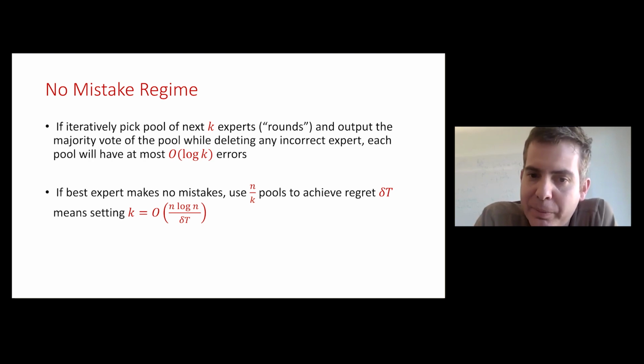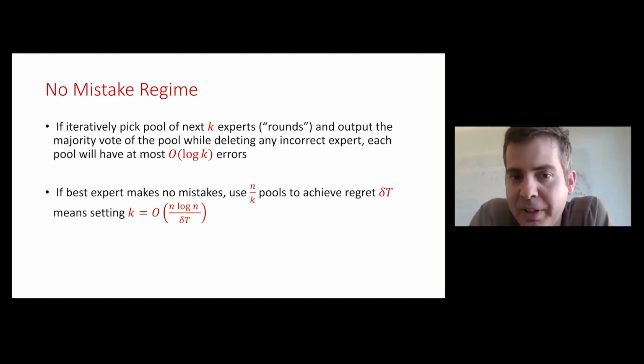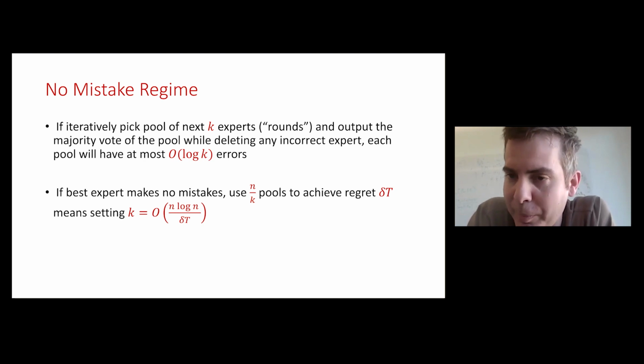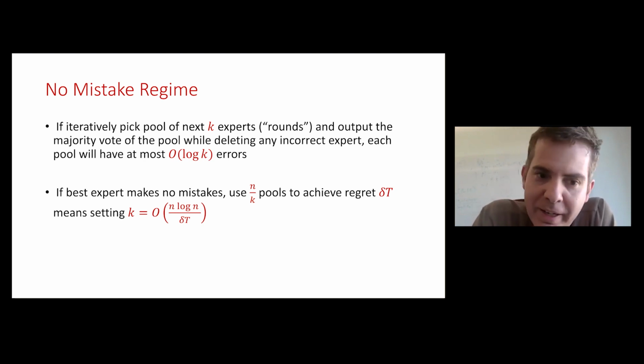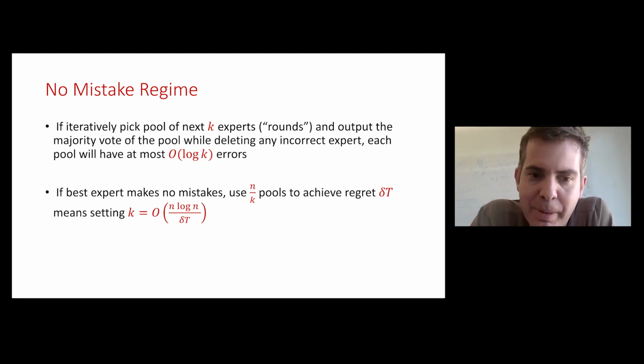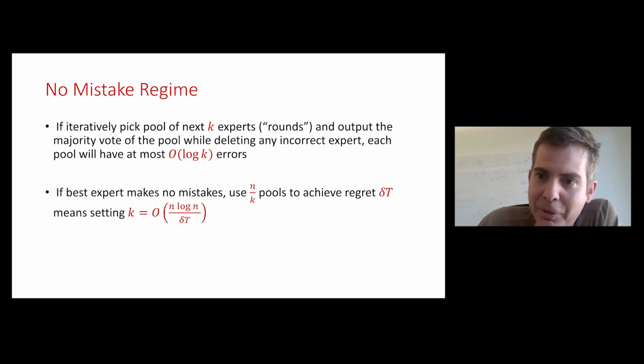There's this log factor because you make log n mistakes with each pool. If you have n over k pools, each one makes log n mistakes. You set n over k log n equal to delta t, the total number of mistakes. You solve for k, and this is your memory if the best expert makes no mistakes. Okay, fine, but the best expert typically makes mistakes.